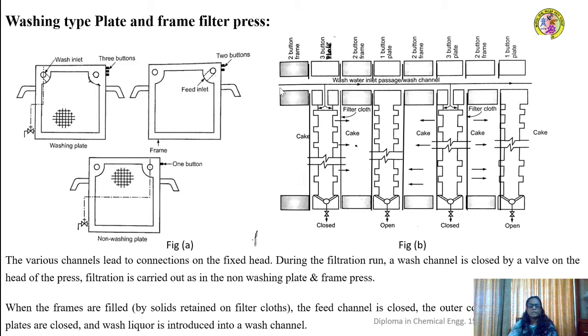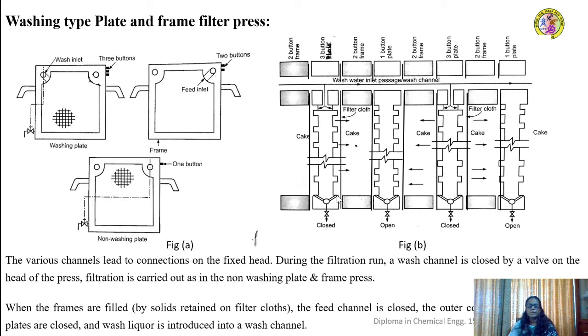So this is how the flow takes place. The wash liquid enters here, then through that opening, the wash liquid enters each plate that is having three button, and from here it comes to the face of the plate.